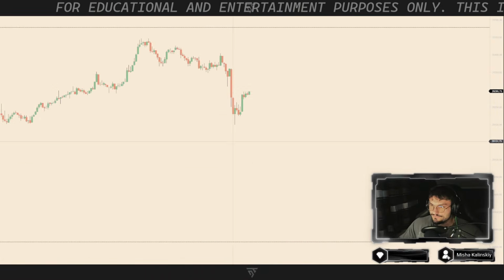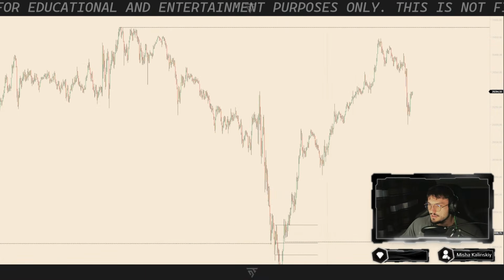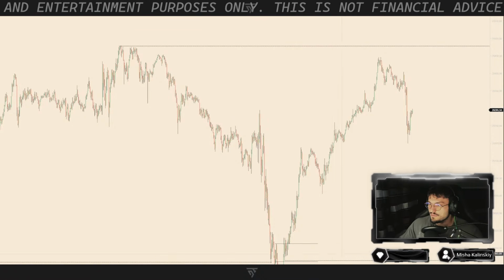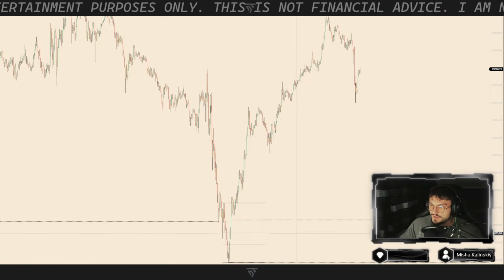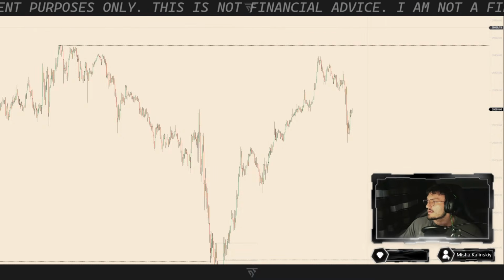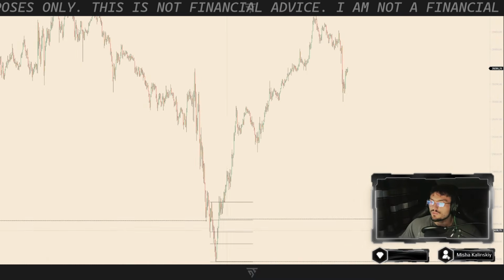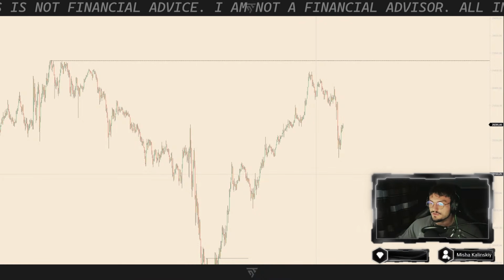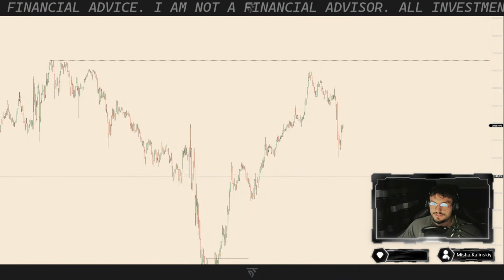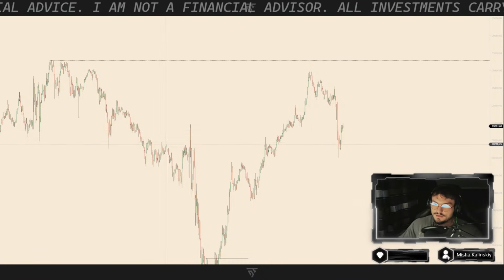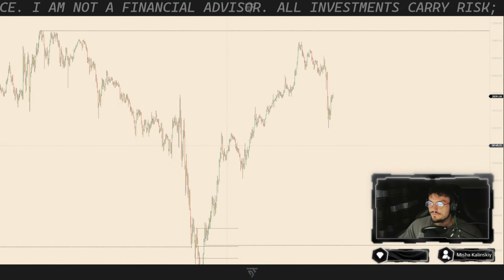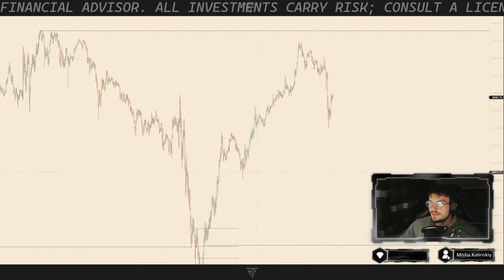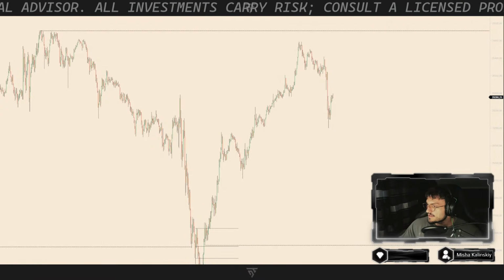This would be the sweep going into the area, and I wouldn't be expecting a major bounce here if we are not putting another high, because an origin is strong when it puts in a new high. When it doesn't, it's a weak origin. That's how we determine weak origins from strong origins. Yeah, you can take trades off of weak origins. They might deliver, but they are not as profitable as origins that have a delivery of a high.